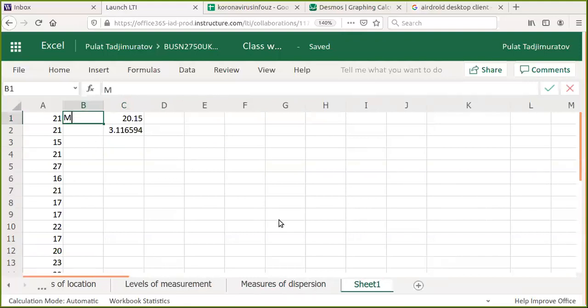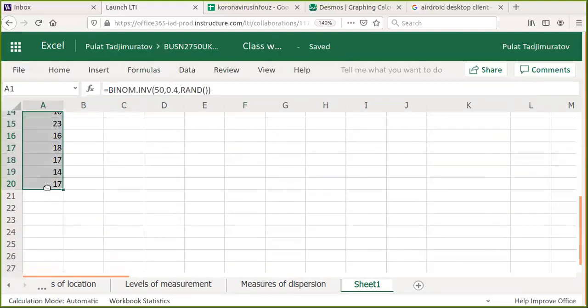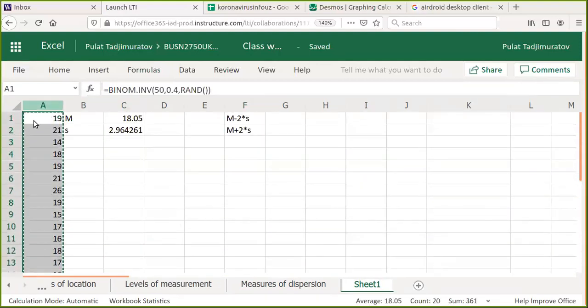So this is our M and this is our S. I want to find how many numbers are between M minus 2S and M plus 2S. It will be good if I sort my numbers first, I guess.